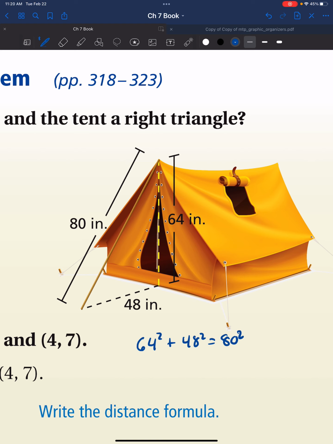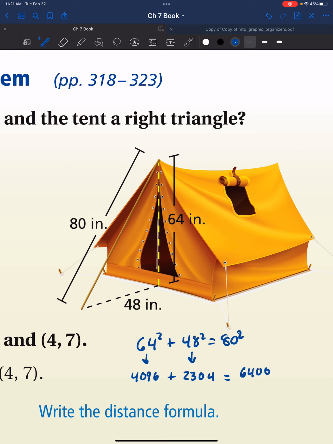In your calculator, you can take 64 squared and 48 squared. What do you get when you take 64 squared? 4,096. And then 48 squared. 2,304. Okay, and then do 80 squared. 6,400.